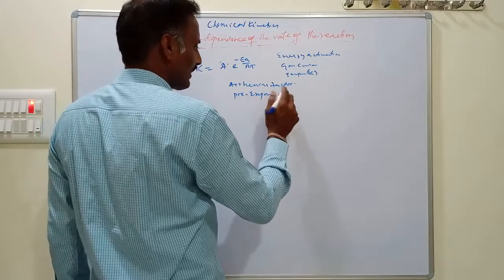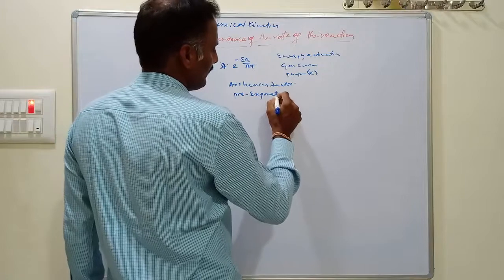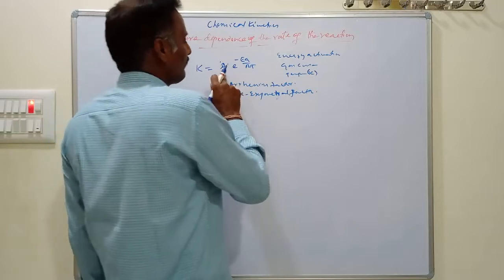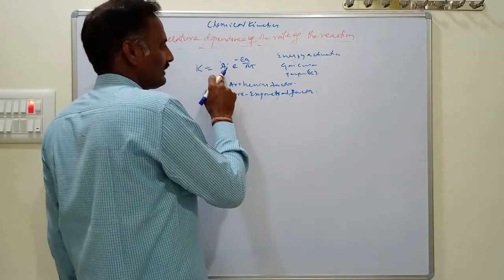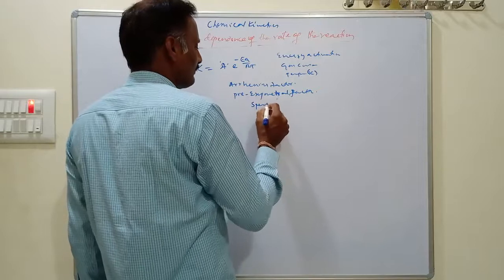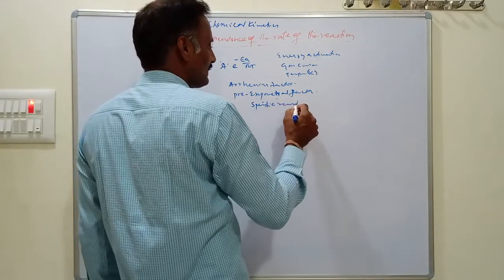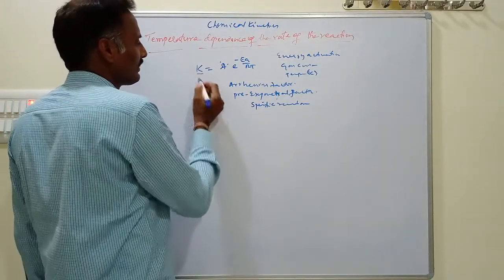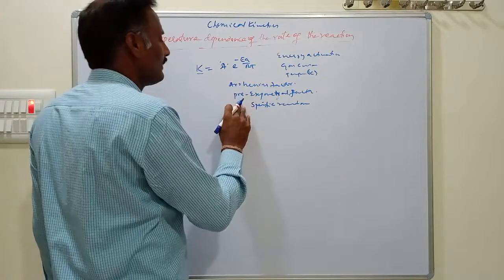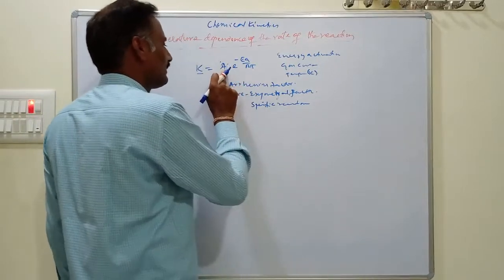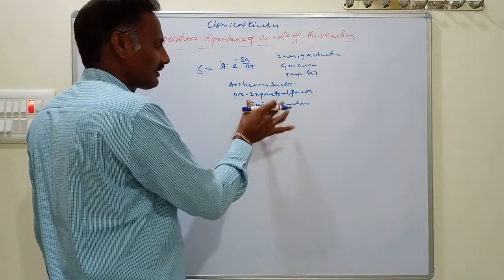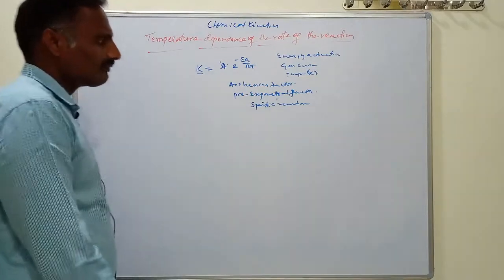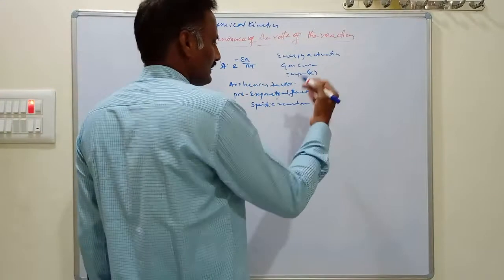This pre-exponential factor is constant for a specific reaction. k is the rate constant, A is the Arrhenius factor or pre-exponential factor, which is specific and constant for a particular reaction, Ea is the energy of activation, R is the gas constant, and T is the temperature. This is called the Arrhenius equation.